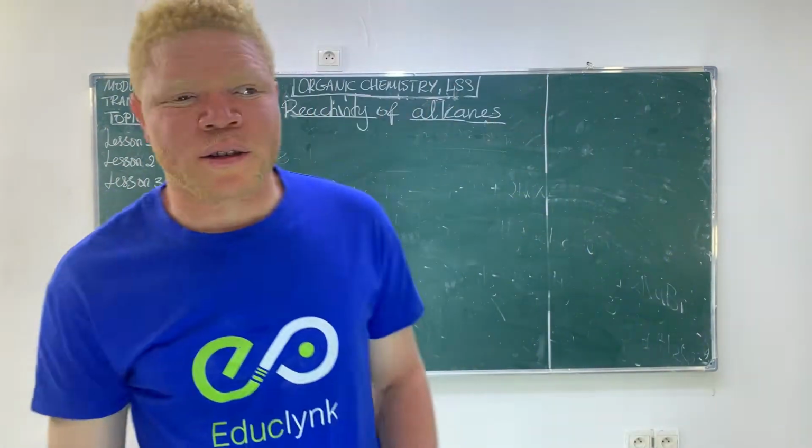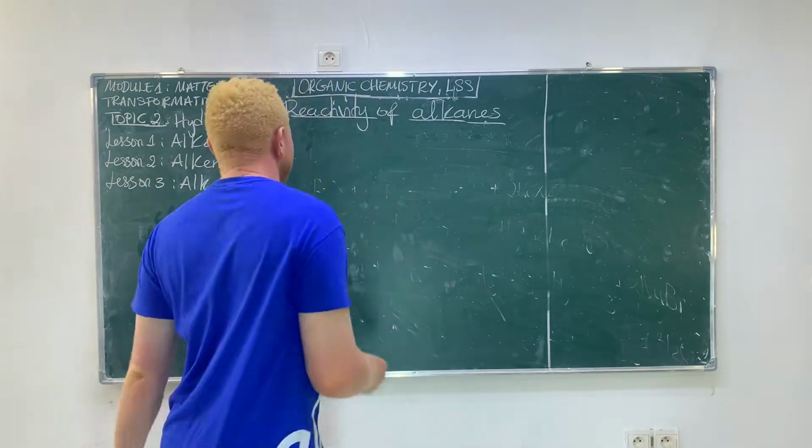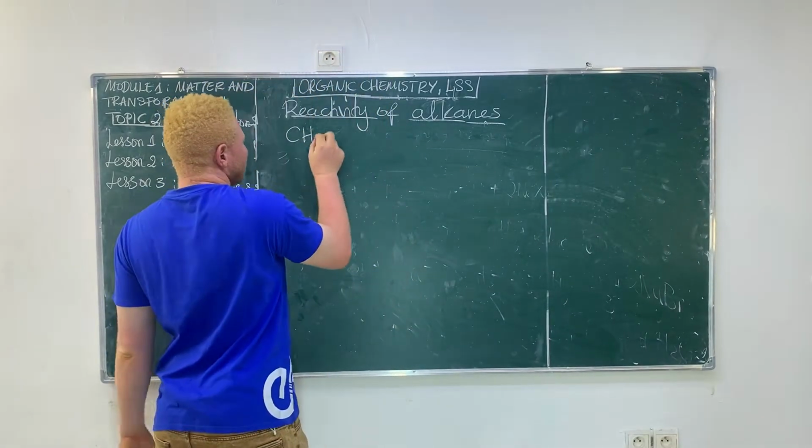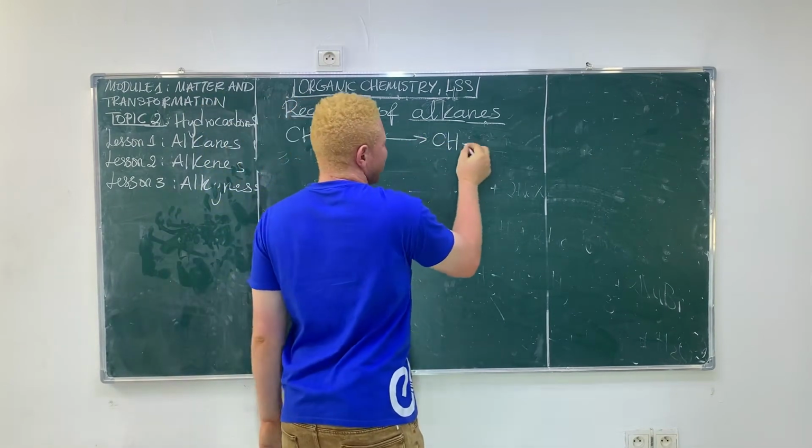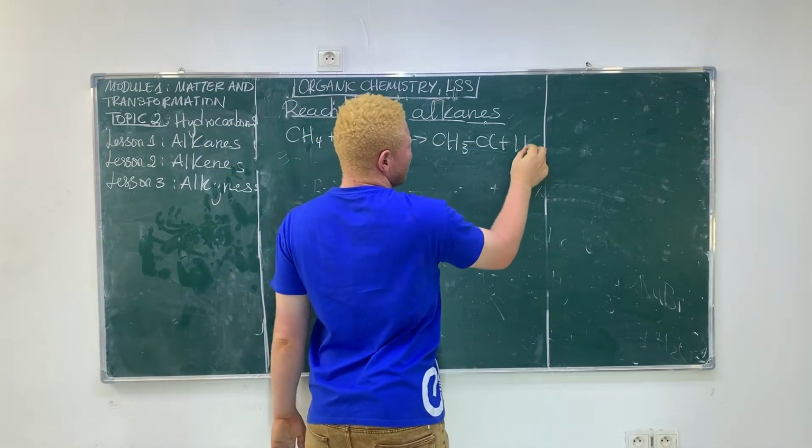Let me write the equation on the board. We have methane, CH4, plus Cl2 yielding CH3Cl plus HCl.